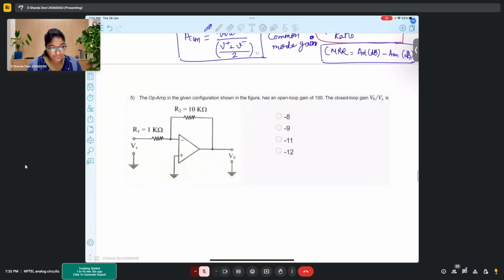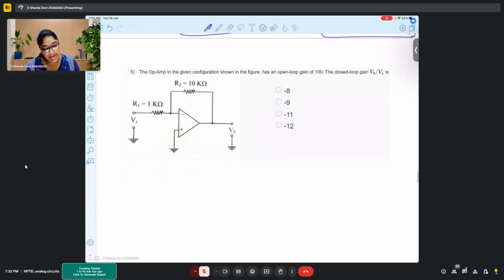So this is another concept where, in this particular problem, you have an op-amp with a given configuration, and it has an open loop gain of 100.